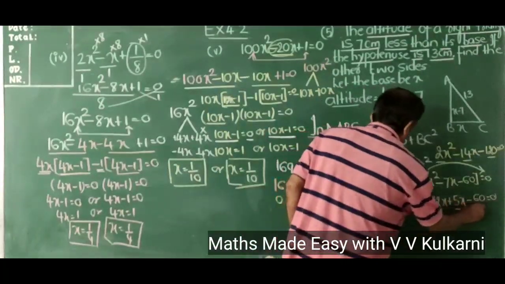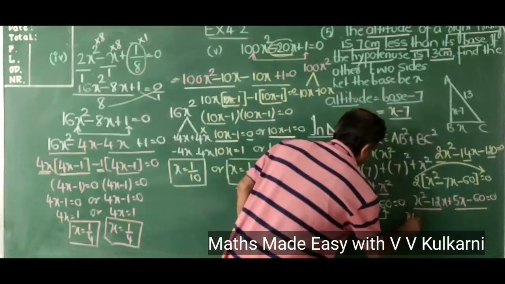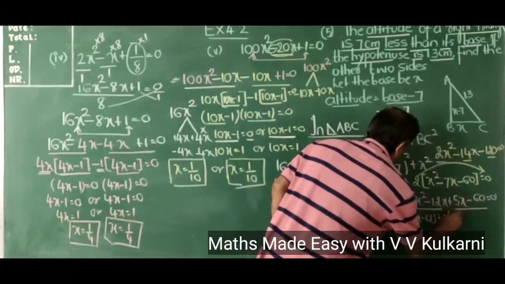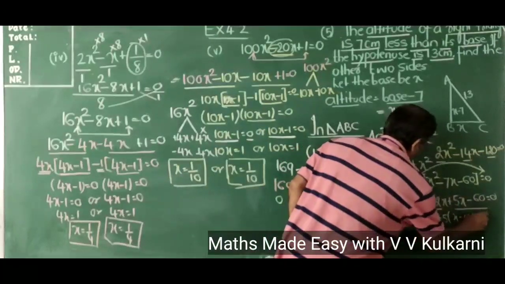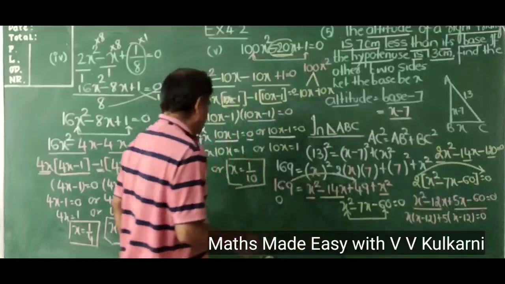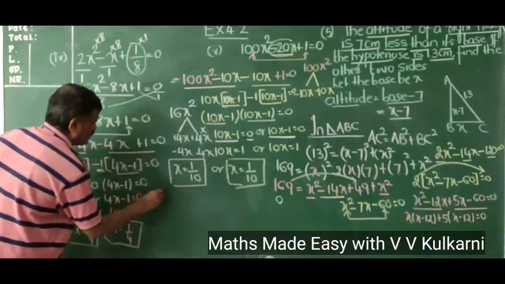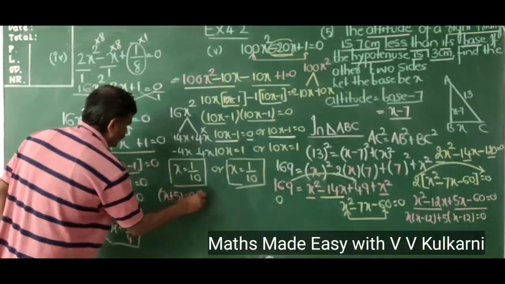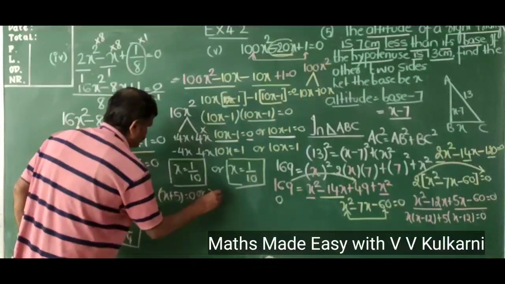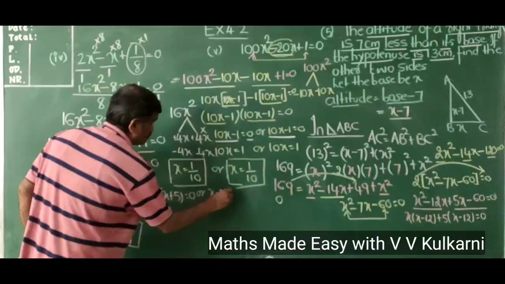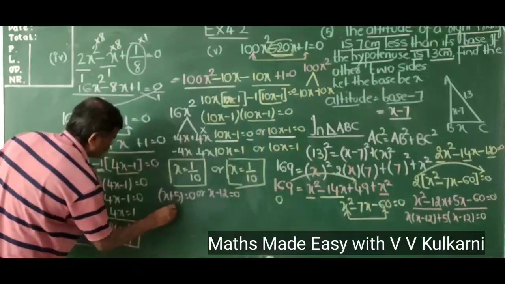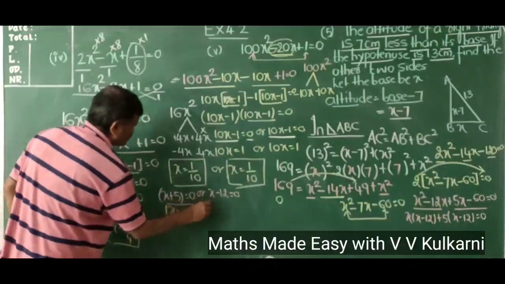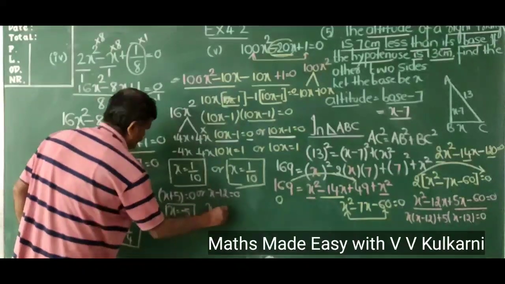Then x into bracket x minus 12 and 5 into bracket x minus 12. So x plus 5 is equal to 0 or x minus 12 equal to 0. So x is equal to minus 5 and x is equal to plus 12.